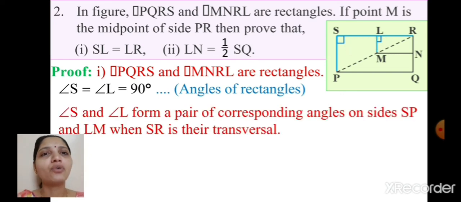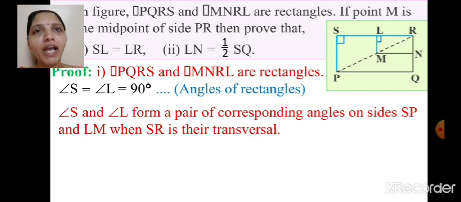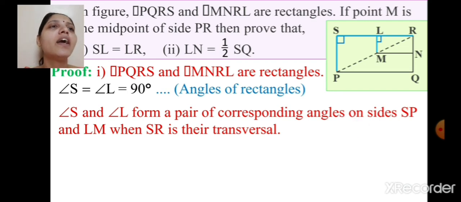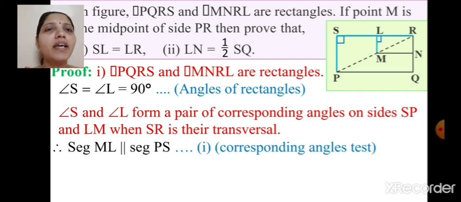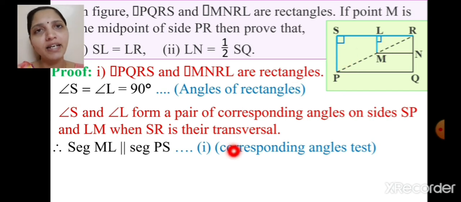Yes, so you can write here angle S and angle L form a pair of corresponding angles on sides SP and LM when SR is their transversal. Okay, and we know that corresponding angles are congruent. Therefore, we can say here seg ML is parallel to seg PS. Okay, write this equation as equation 1 and reason you will write as corresponding angles test.